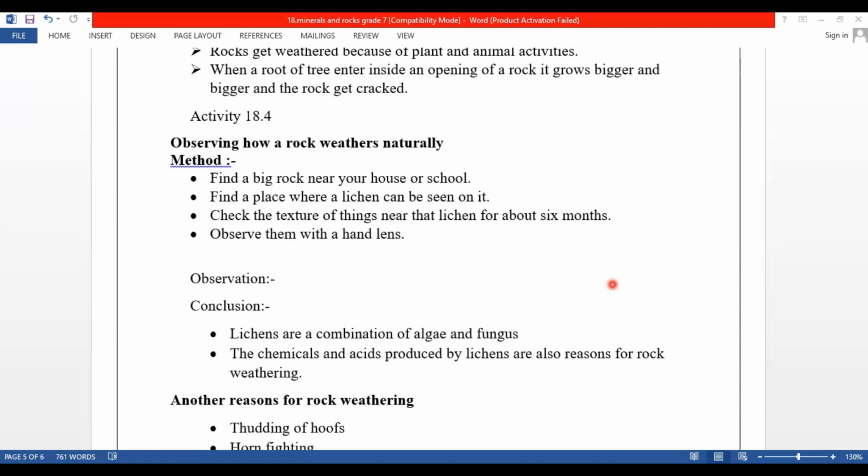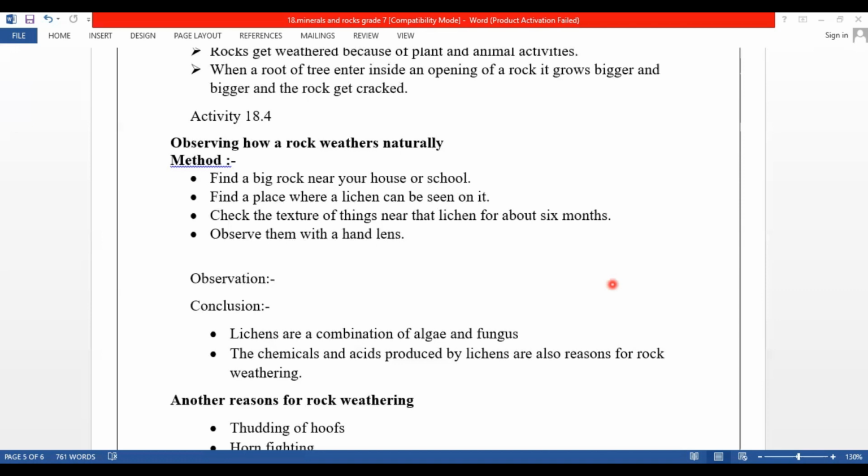Here they live together to get some help from each other. That means the fungi absorb water and give it to the algae to produce food. Algae are green. Normally algae can produce food by photosynthesis. They need water to do that. That water is absorbed by the fungi, and the fungi give it to the algae.